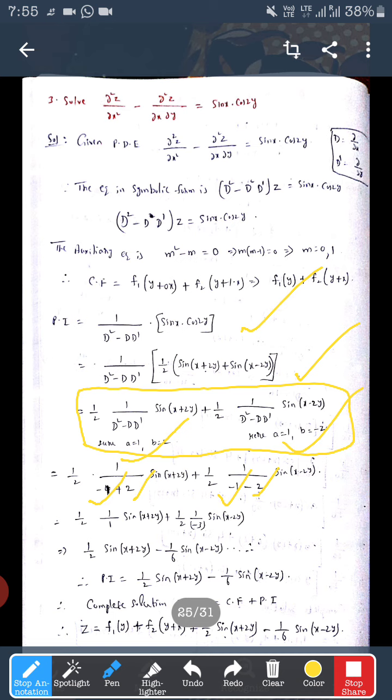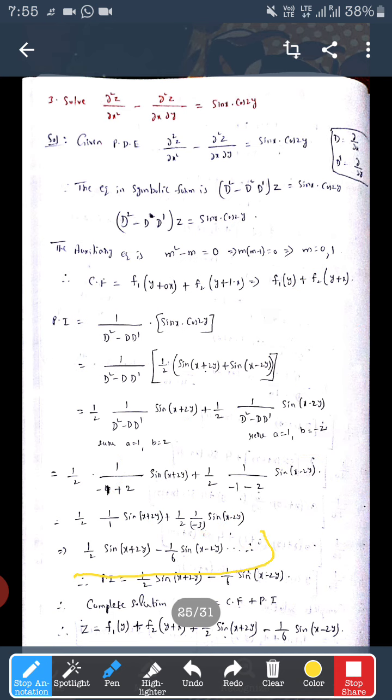Therefore, 1 by 1 sin of (x plus 2y), 1 by minus 3 into sin of (x minus 2y). So after further simplification, this changes into the form 1 by 2 into sin of (x plus 2y) minus 1 by 6 into sin of (x minus 2y). This is the PI. The denominator is not equal to 0, so there is no problem. So this is PI.